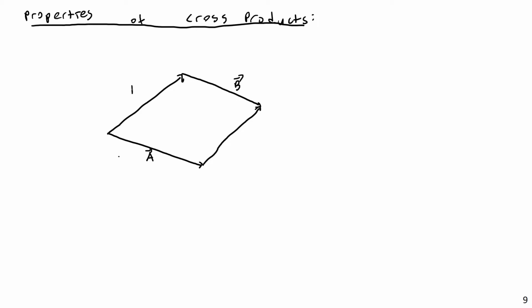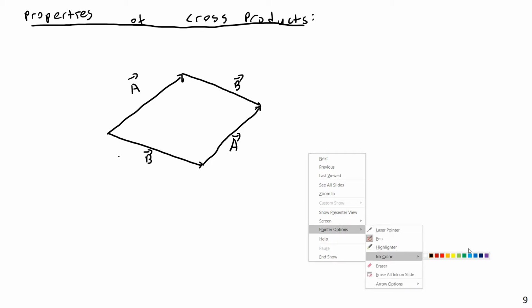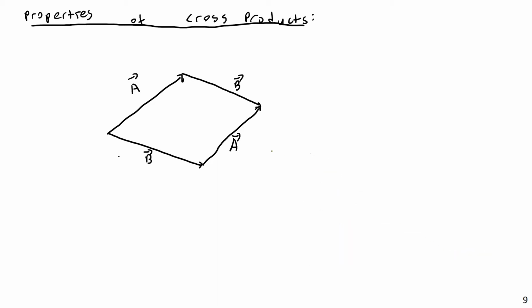Oh, actually that should be A, and the other one should be B. If you remember from our discussion of vector summation, when we add, we can just do B to A or A to B. Now, geometrically, the magnitude of the cross product is equal to the area of this parallelogram.